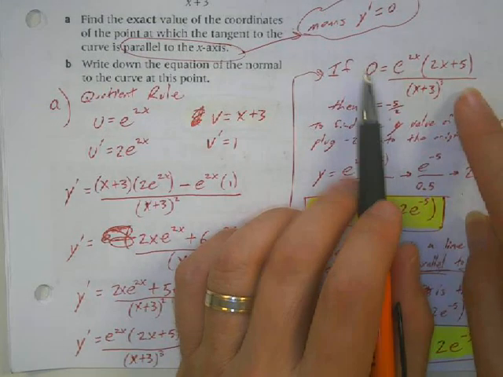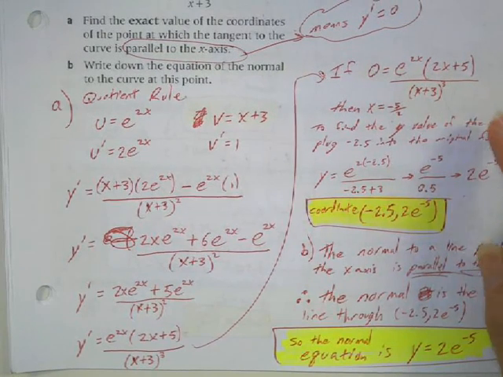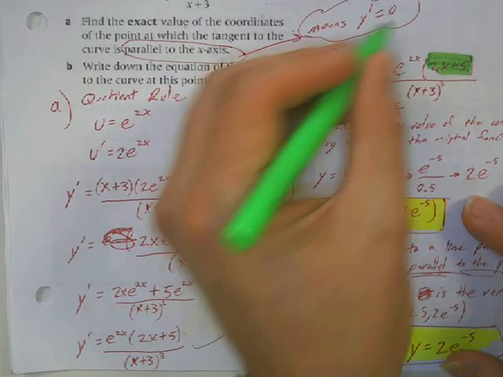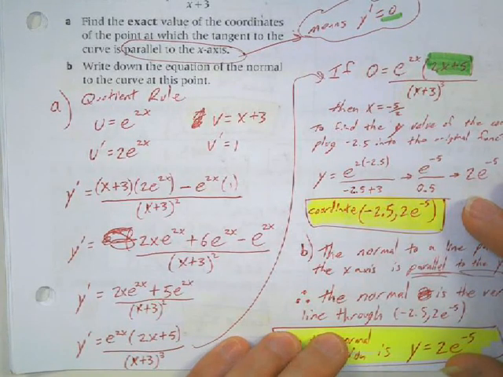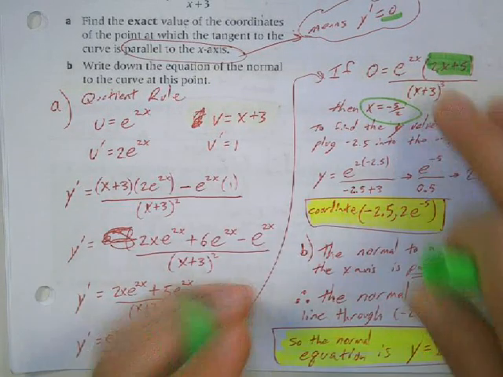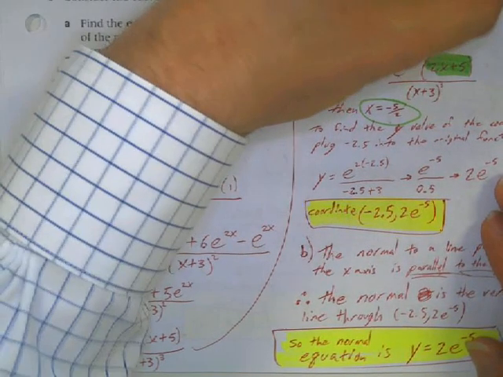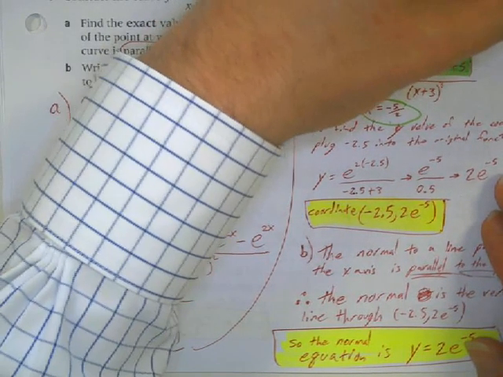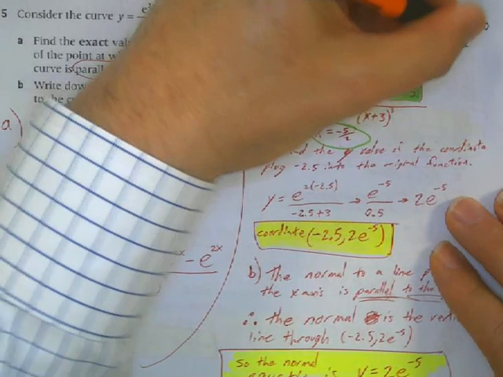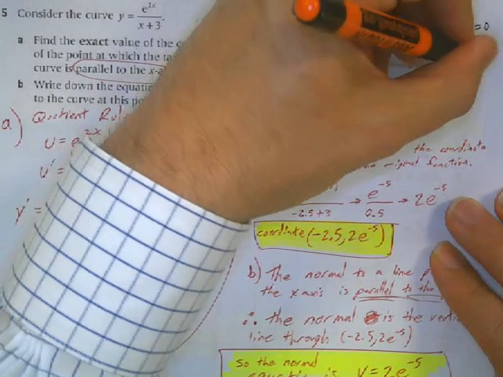Now, in order to make the derivative equal to 0, I need to make this equal to 0. Okay, and so if I make that equal to 0, then I can say 2x plus 5 equals 0. Subtract 5 on both sides, 2x equals negative 5. Divide by 2, x equals negative 5 over 2.